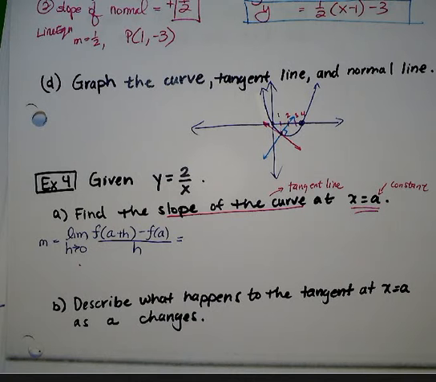So f of 2 is going to be f of 2 over 8 plus h minus f of 2 over x. Why did you get f over 8? Oh, wait. Where did you get a?